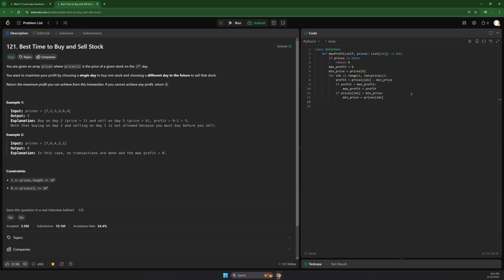And finally, when you are outside of this loop, you return the max profit.